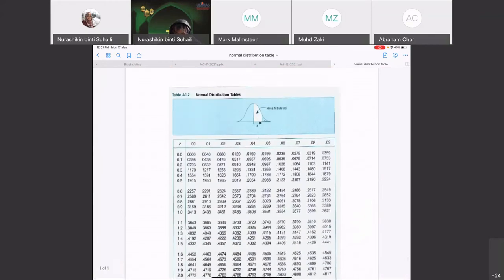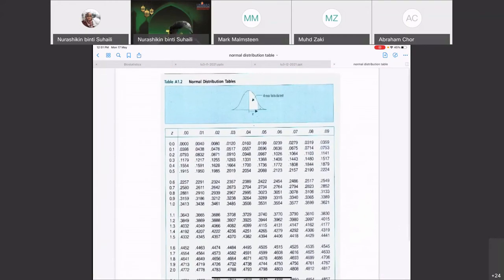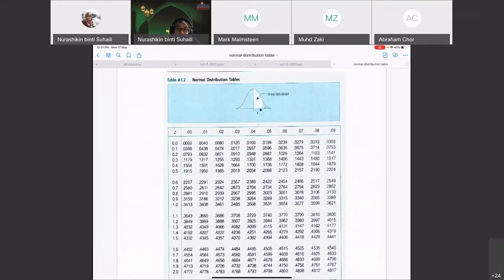This is the Z table, you know this already, right? There are many versions of Z table actually, but this is the one, I think, that is used in the exam. So this version is only for one-sided, for the positive axis, or x-axis.